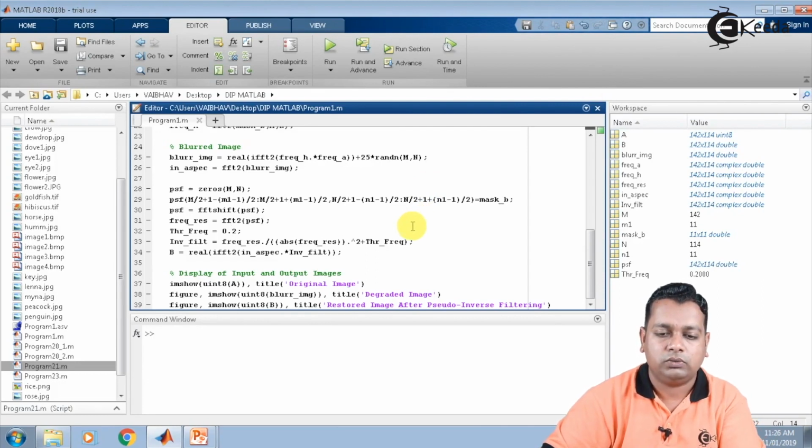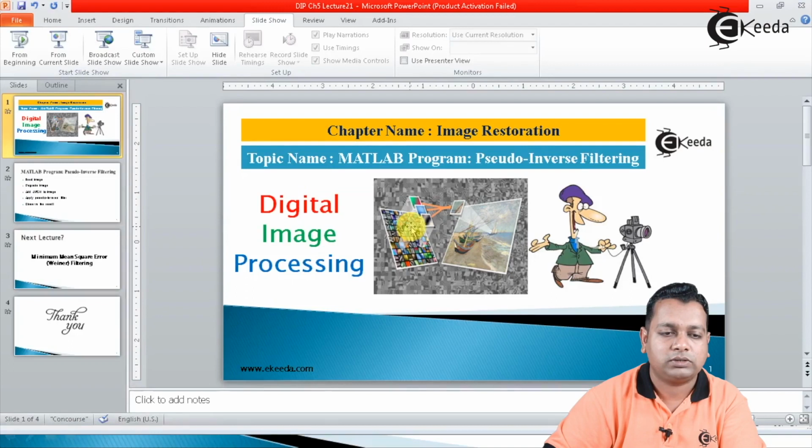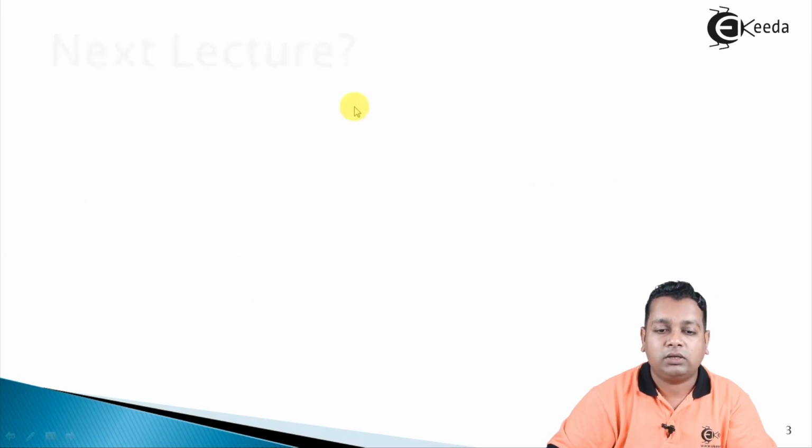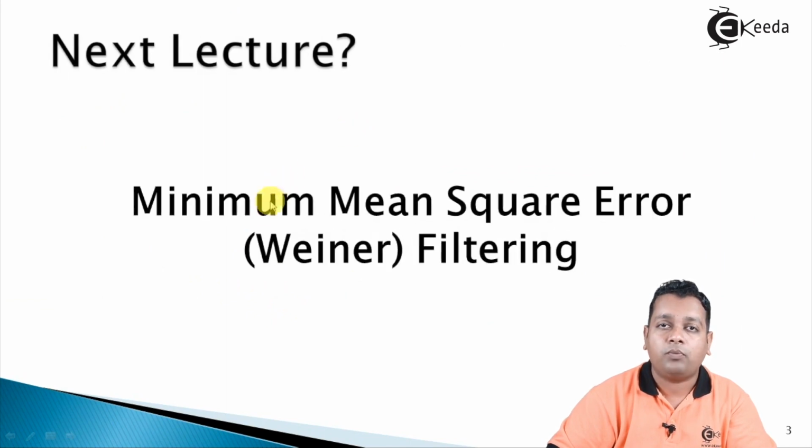So here we get back to the task that we have seen earlier: reading the image, degrading the image, addition of additive white Gaussian noise to the image, then application of the pseudo inverse type of filtering we have formulated, and observing the result. By the next lecture we shall see another approach for image restoration that is also very potent and popular, that is minimum mean square error, also known as Wiener type of filtering for image restoration.